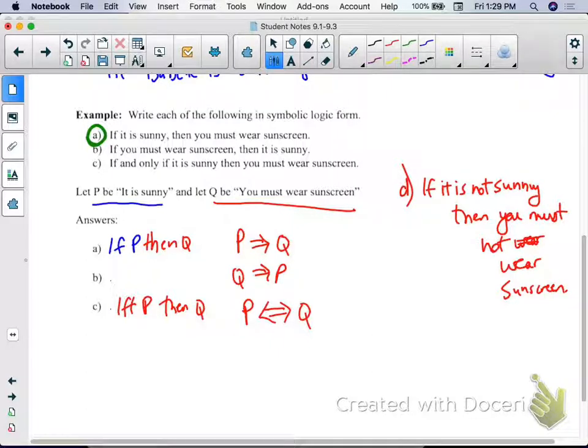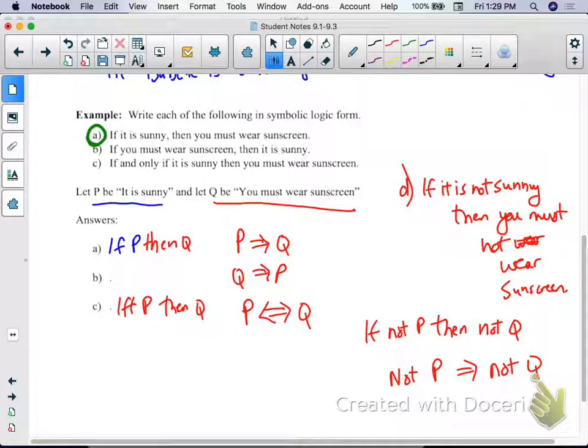So that's essentially A, but everything's opposite. Now, in that case, then we would say if not P, then not Q. And in the symbols, for right now, you would just do not P, not Q. We'll have, again, a notation for that later on, but we just haven't gotten to that point yet.